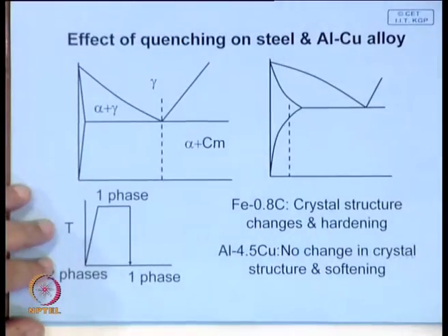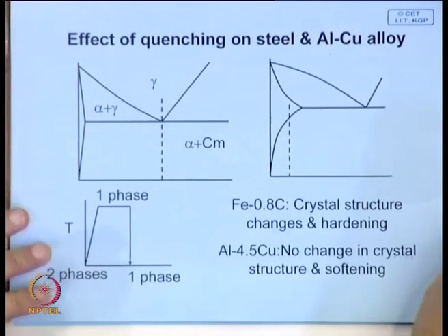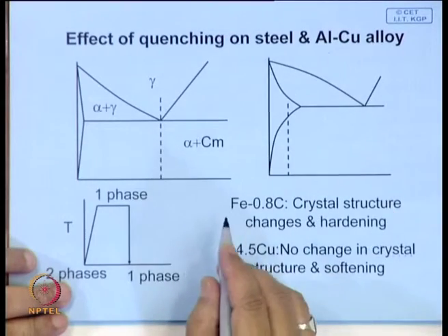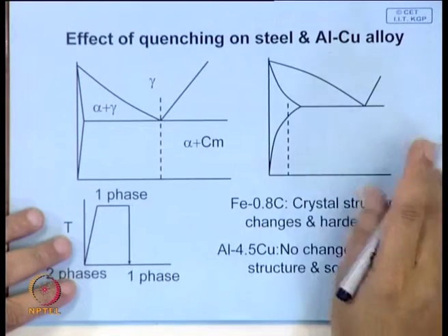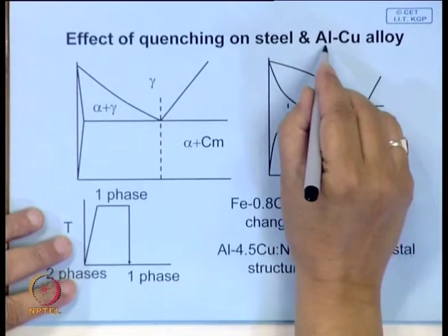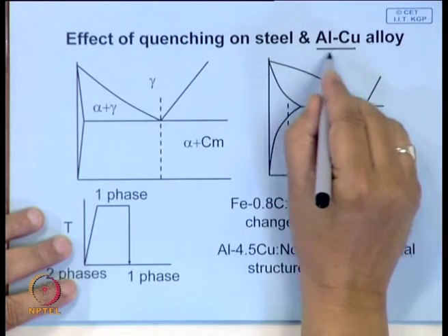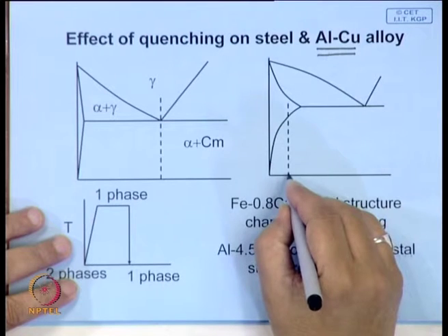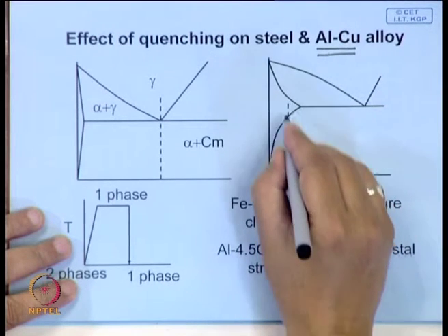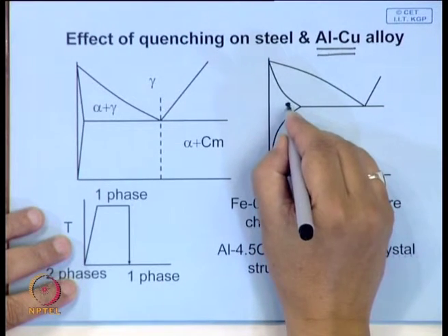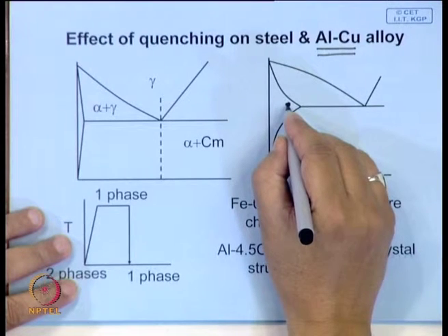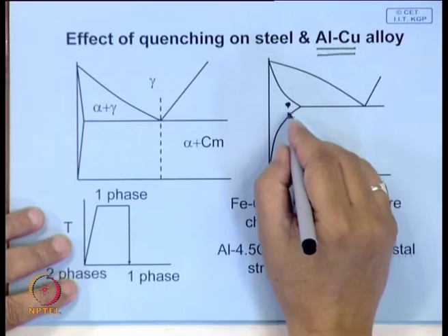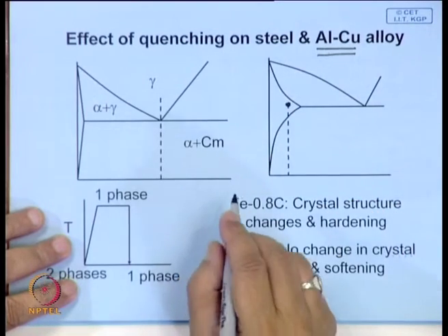In fact, if you try to recollect, there is some similarity with the heat treatment process that we talked about in the case of the aluminum copper alloy, where we heat the alloy to the single phase region, and then if we cool it fast, you get one kind of structure. If you cool it slowly, you get another kind of structure.